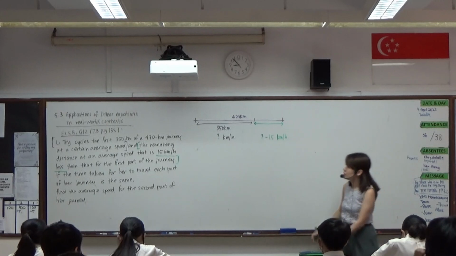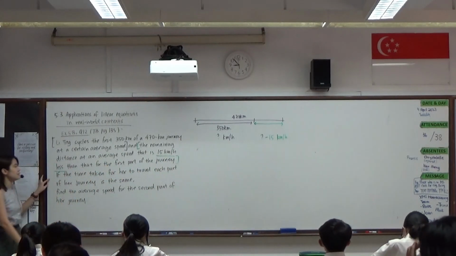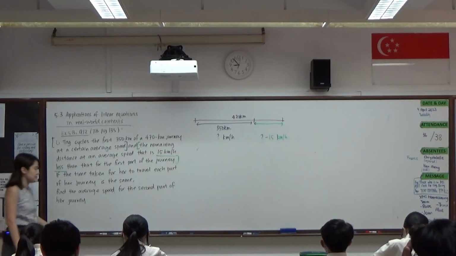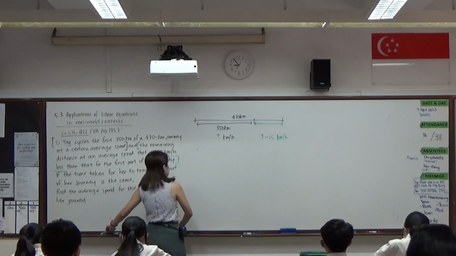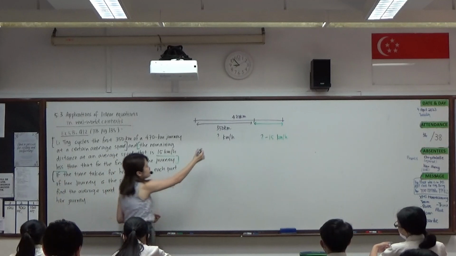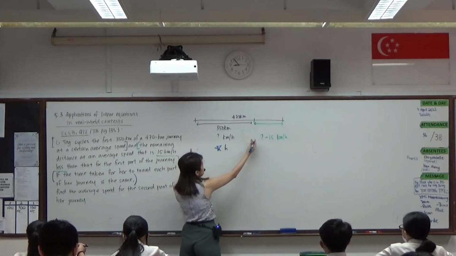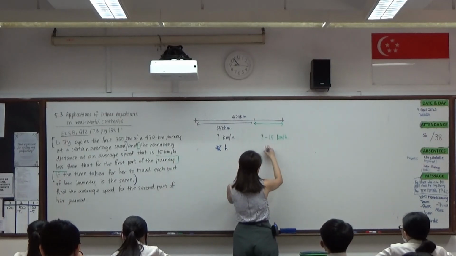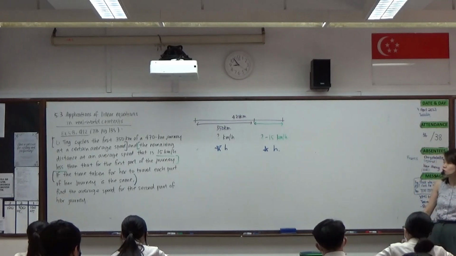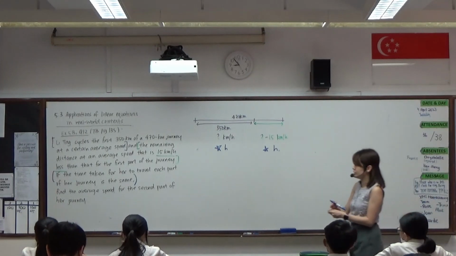Are we clear about these two parts so far? Then it says that if the time taken for her to travel each part of the journey is the same, so the time here, let's say I'll just use a star. The time over here is the same as the time over here, so both are star hours. I do not know how many hours it is.